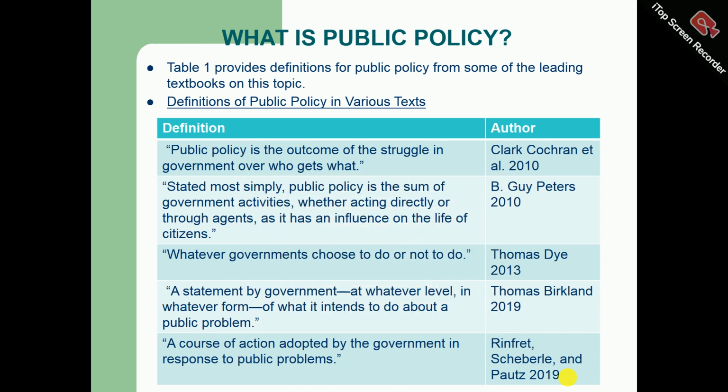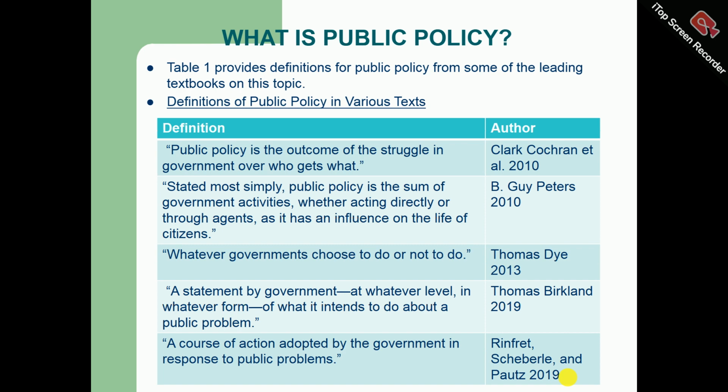Here we say Clark, Cochrane and others in 2010 defined public policy as the outcome of the struggle in government over who gets what. Similarly, Guy Peters has defined public policy, stated most simply, as the sum of government activities, whether acting directly or through agents, as it has an influence on the life of citizens.